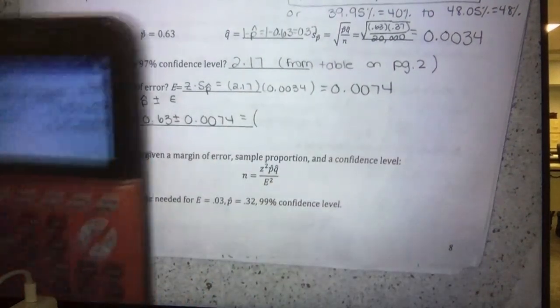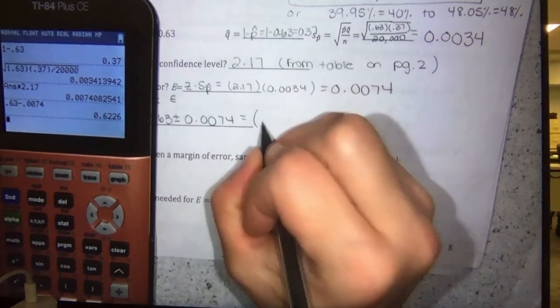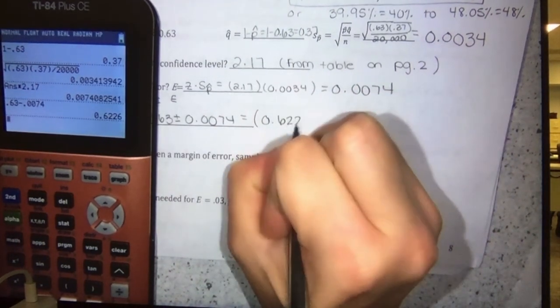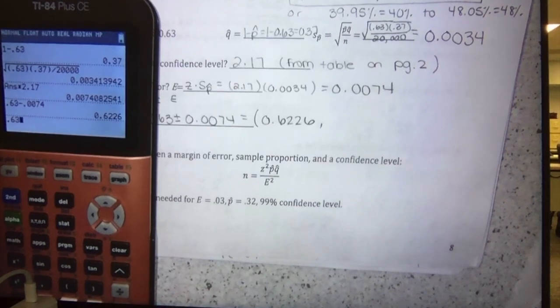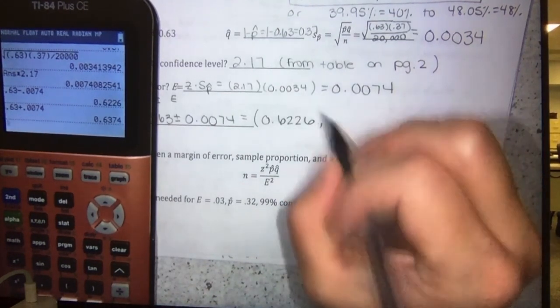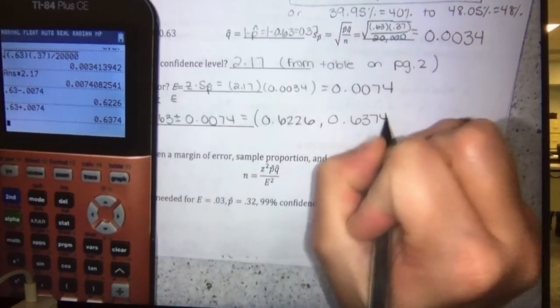Our lower limit is 0.63 minus 0.0074, 0.6226. And then 0.63 plus 0.0074 will give us our upper limit of 0.6374.